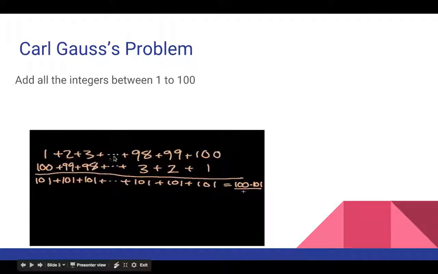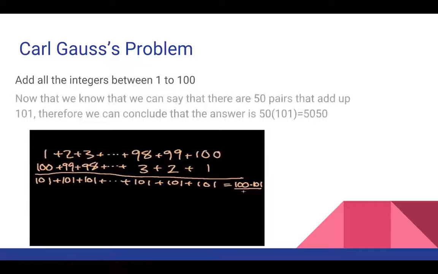What he figured out is that if he writes it out, and then writes it backwards, and then adds both of these series together, you find that 1 plus 100 is 101, 99 plus 2 is 101, and so on. And then he found out there are 50 pairs of that. So now that we know there are 50 pairs that add up to 101, we can conclude that the answer is 50 times 101, which is equal to 5,050. Okay.